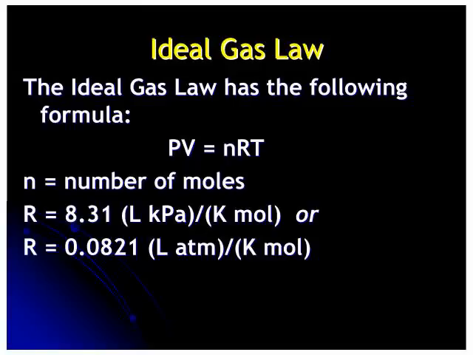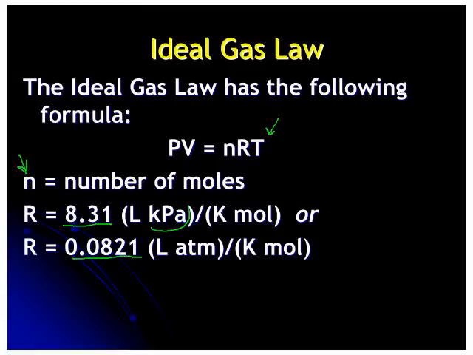Okay, so PV equals nRT. So pressure, volume, we've done those before. N is the number of moles. T is temperature, okay? And then R depends on what you're using in the problem. R can be 8.31 or 0.0821.